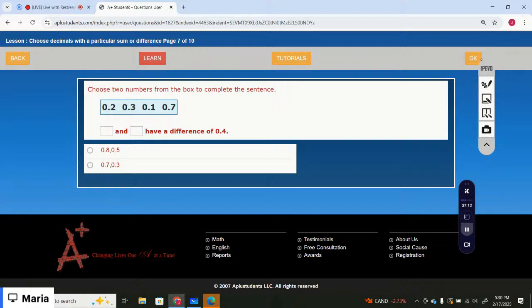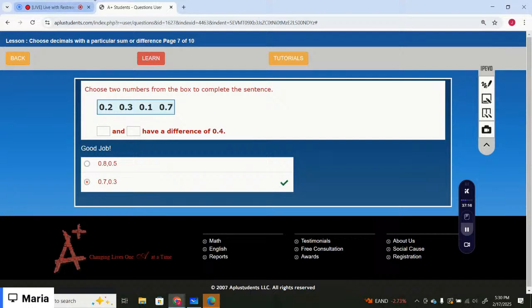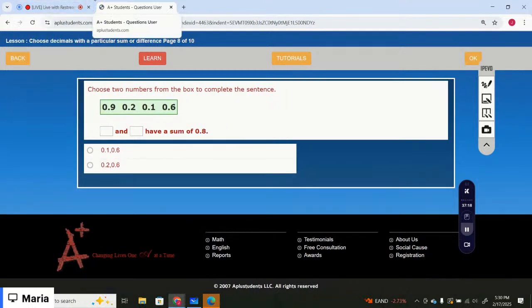Option number 2 is the correct option. 0.7 take away 0.3 is 0.4.